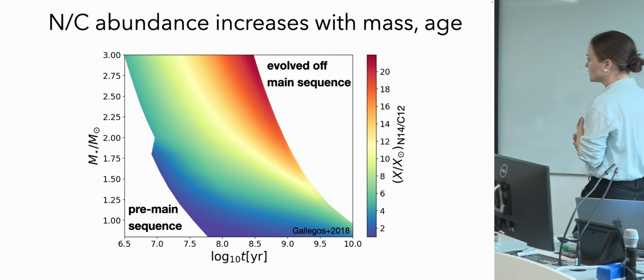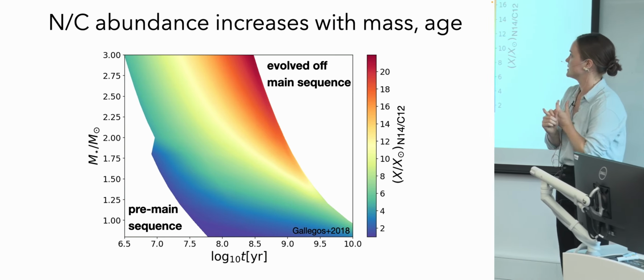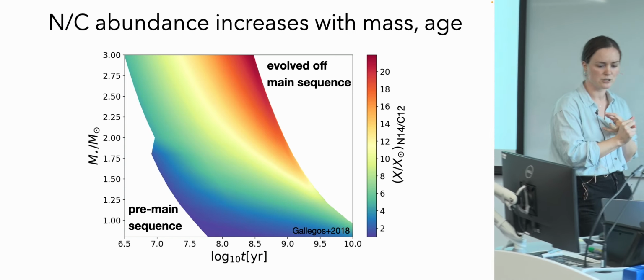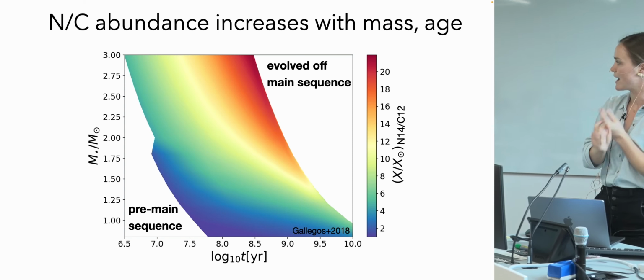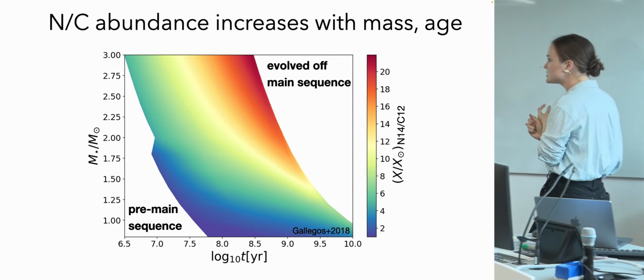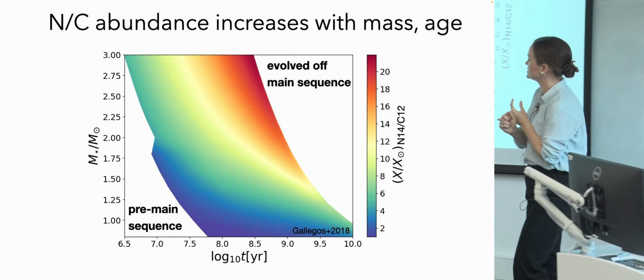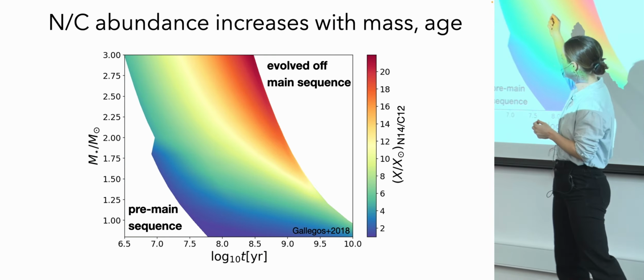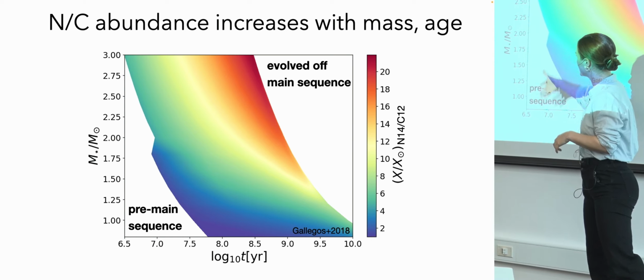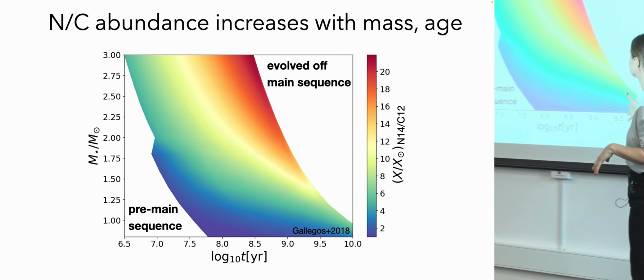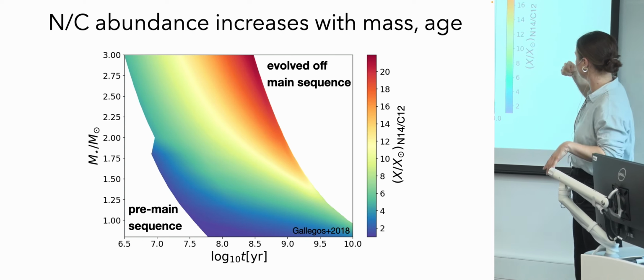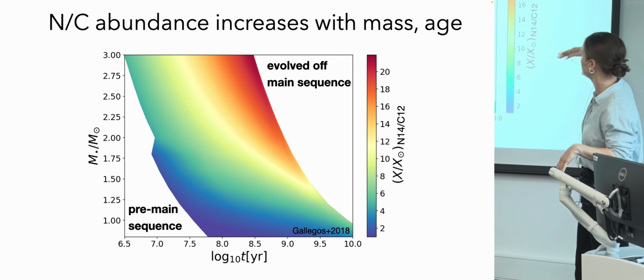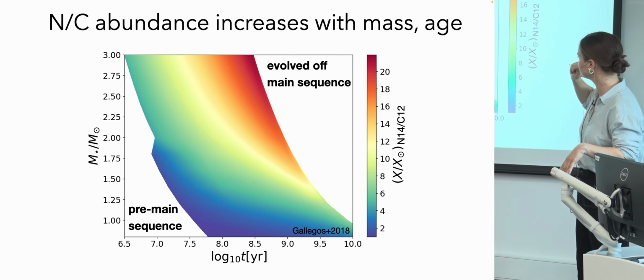In particular, we were interested in the nitrogen to carbon abundance because this is a really good proxy for both the age and the mass of the star. This has been done a lot in AGN, but not so much in TDEs, just because of the smaller population. The y-axis of this plot has the mass of the star, the x-axis has the age of the star, and the color bar tells you the nitrogen to carbon abundance of the material.